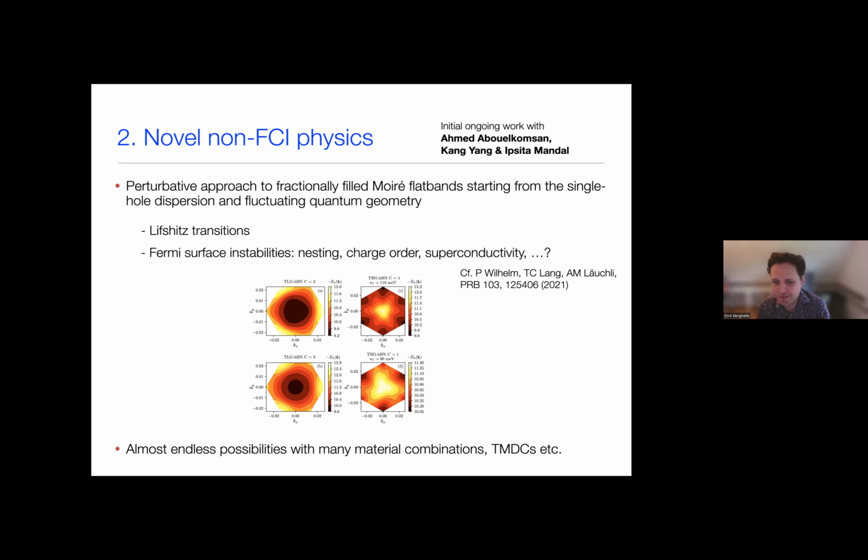We can try to explain phenomena that you find also in other Moiré materials and other flatband systems for that matter, because these things that I told you about with the single hole dispersion and so on are generic to flatband models. It's not specific only to Moiré materials.